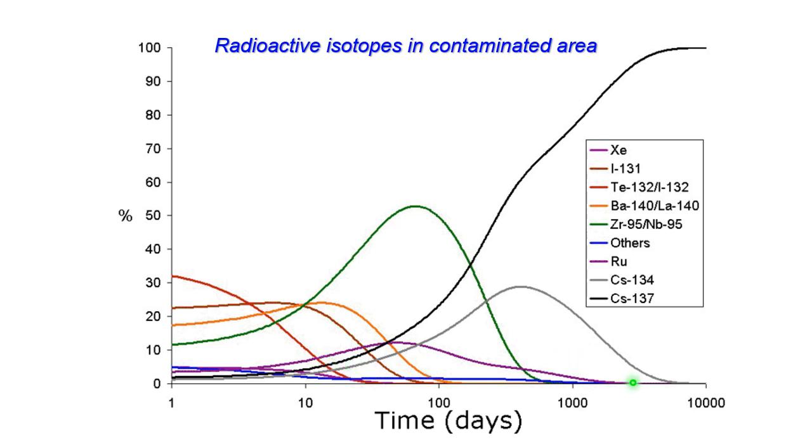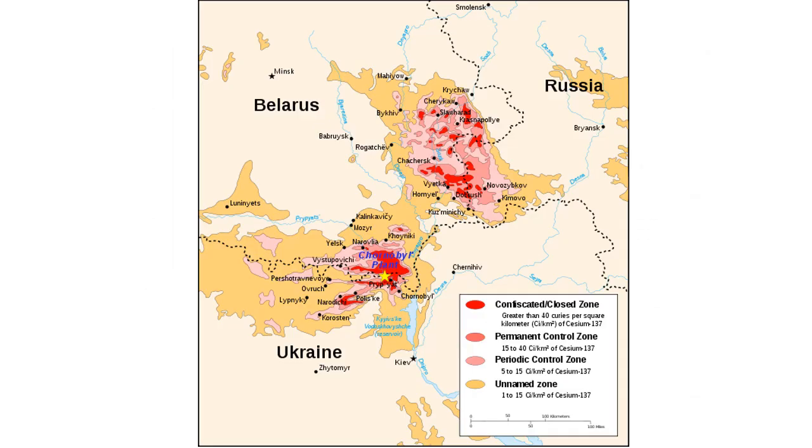After several years, the main contamination is coming from the cesium-137 isotope that becomes dominant after 4 years or so. This is the cesium contamination map around the plant. You can see the scale, it's 100 miles. So within more than 100 miles, there are areas of severe contamination.